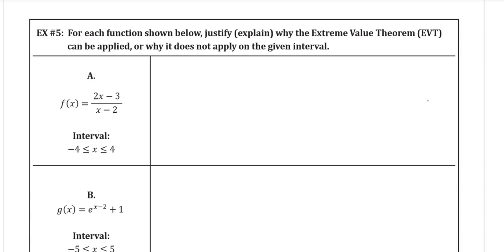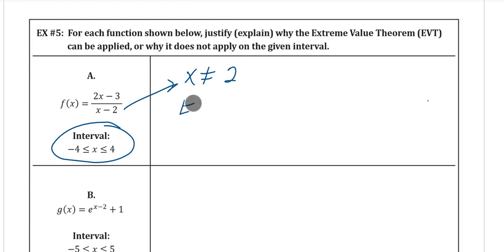Okay, so for letter A, our interval is -4 to 4. So let's see if the function is continuous on the interval. And right away you can see here that x cannot equal 2, which is in the interval.